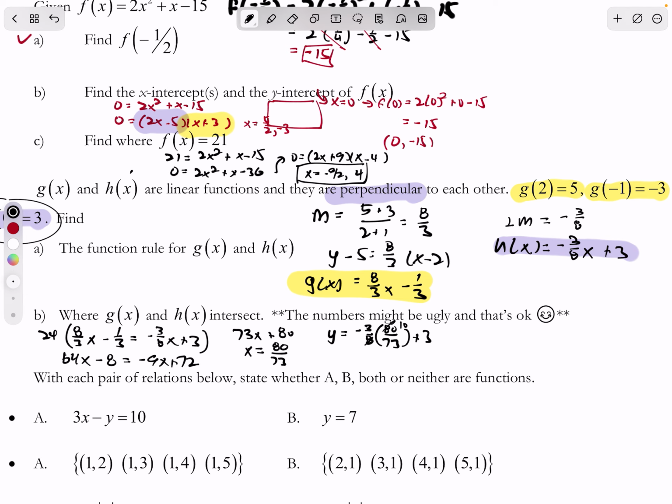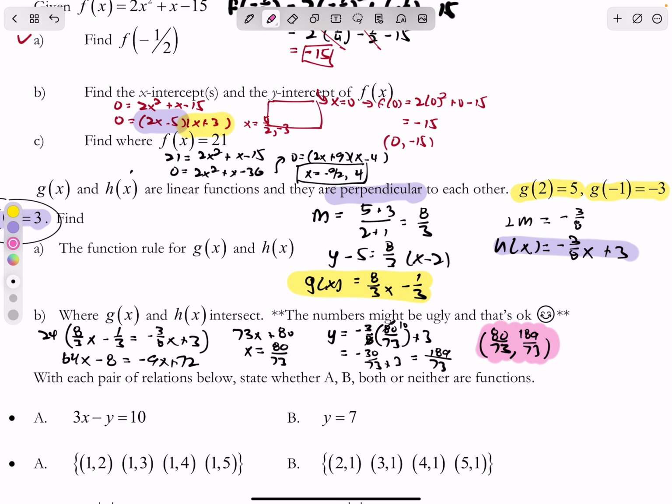Negative 30 over 73 plus 3. 73 times 3 is 219 minus 30, 189. 189 over 73. So that's my intersection point. 80 over 73 and 189 over 73 is my final answer.